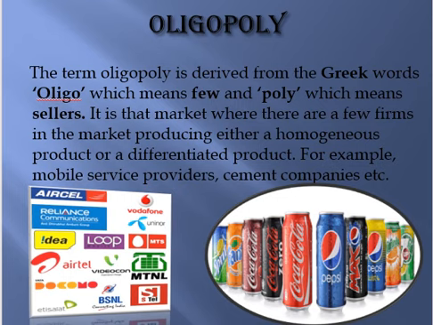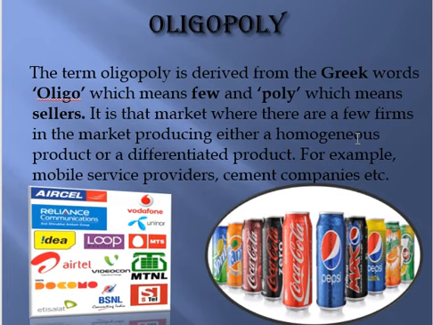The products the firms are producing are either homogeneous or differentiated. The term homogeneous means identical products. They are similar, not exactly the same, but have similarity in terms of taste, quality, shape, color and other things.